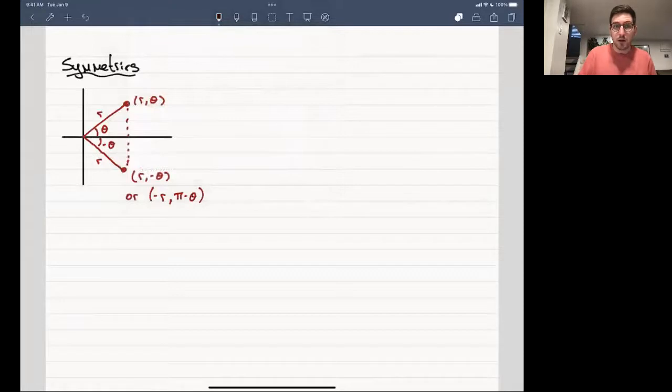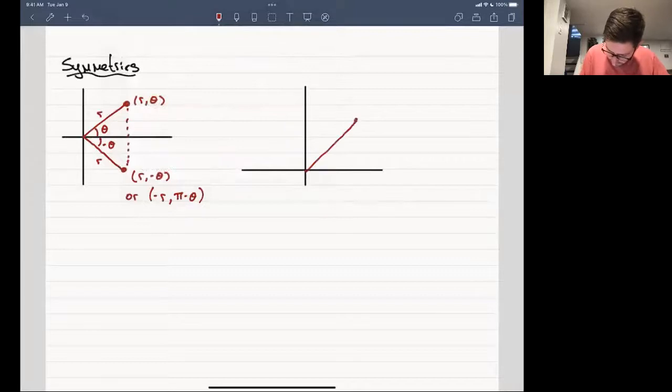Let's see what happens when you negate theta and r at the same time. So in this case, let's start again with a polar coordinate. Let's say we have r, theta right here. Then if you are going to negate r and theta at the same time, the first thing you are doing is, when you negate r, you take yourself from moving along the x-axis in the positive direction to moving along the x-axis in the negative direction.